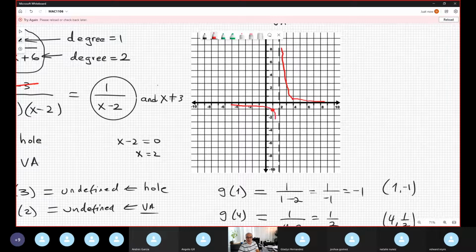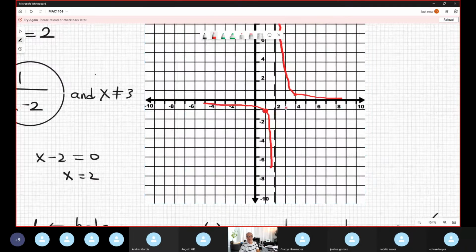Professor, but I don't understand something. You see, in 3 we have a hole. Oh yes, we have a hole, and the hole is, I suppose, here. I don't know exactly at what point, but I can investigate.